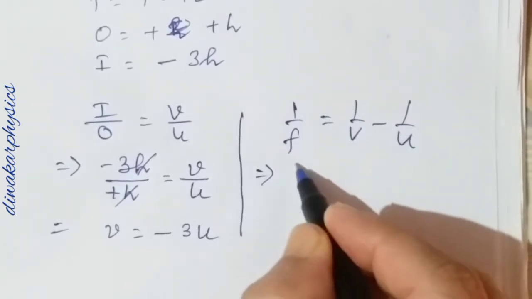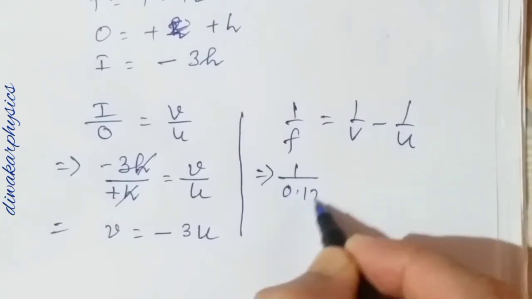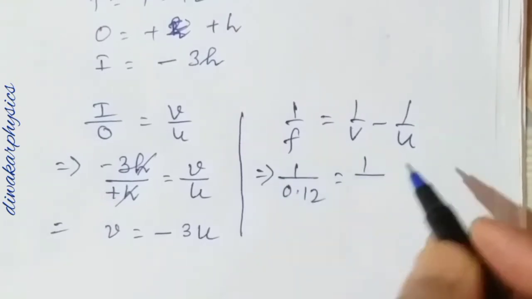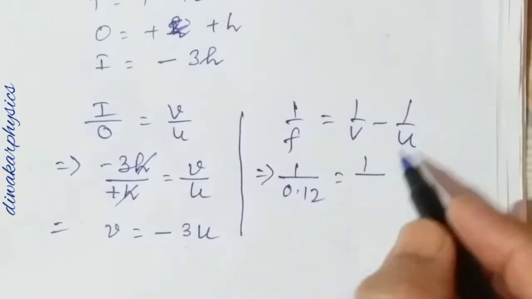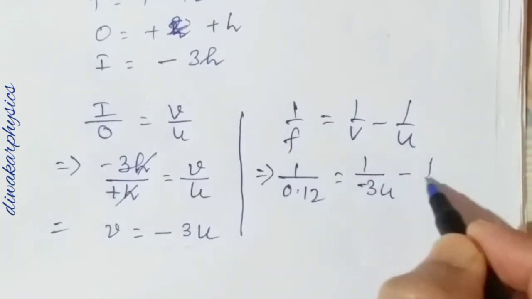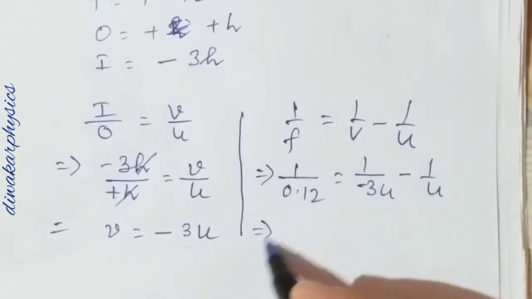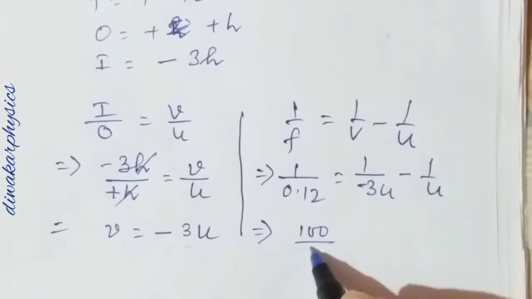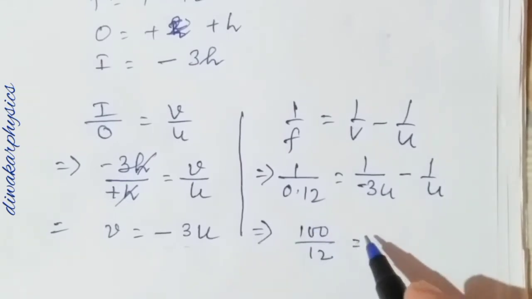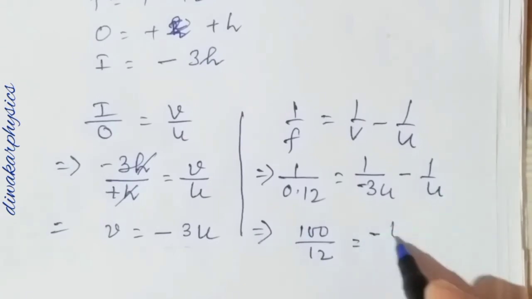So 1 by f is given 0.12, 1 by v. Now you see v we have got minus 3u, so replace this. So you can remove the decimal points and take the negative sign to the numerator.